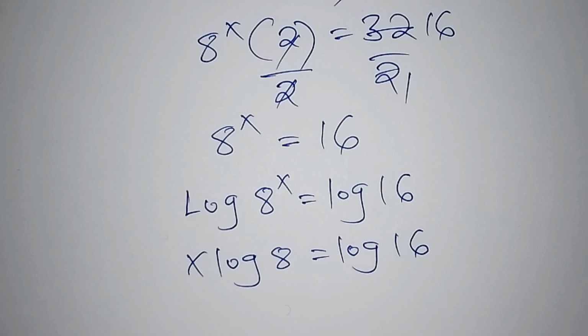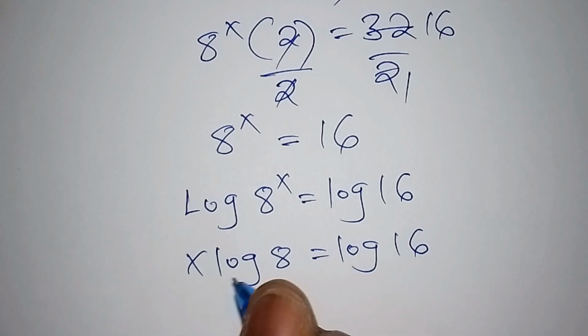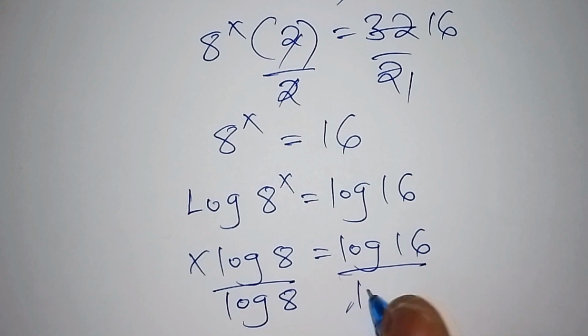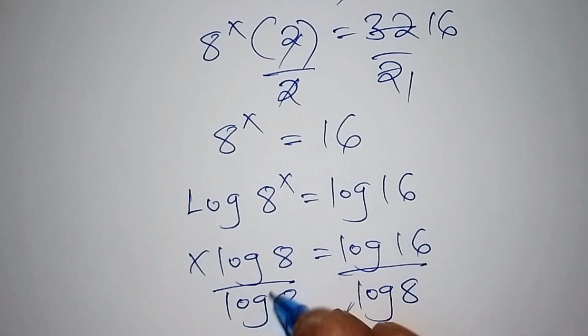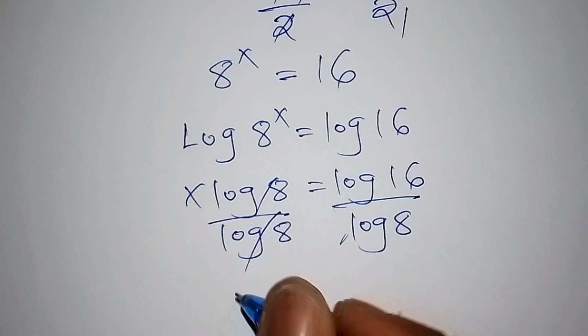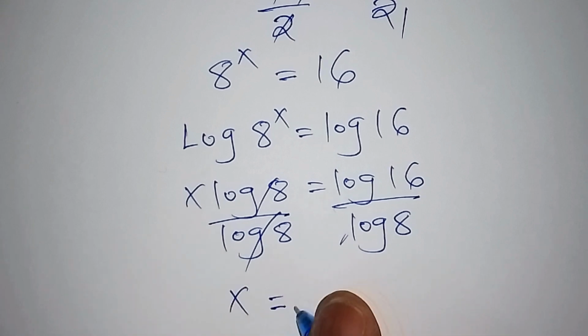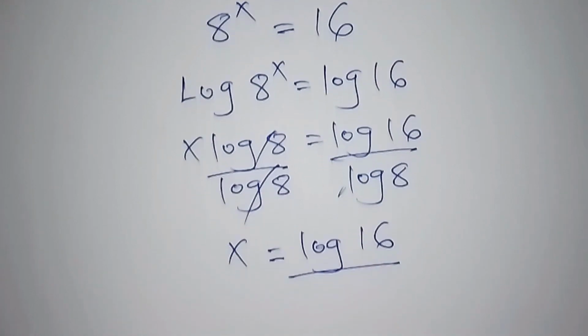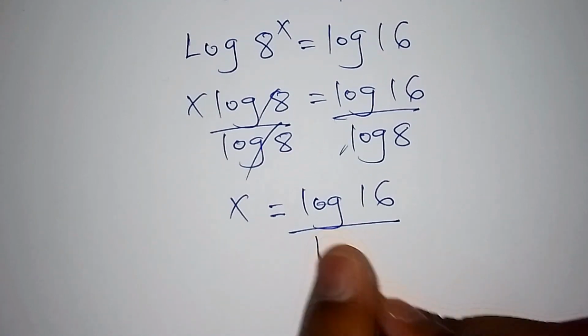Once we've reached that stage, we want to remain with x on this end, so we divide both sides by the log of 8. The log of 8 and the log of 8 cancel, so we remain with x on the other end, which equals the log of 16 all over the log of 8.